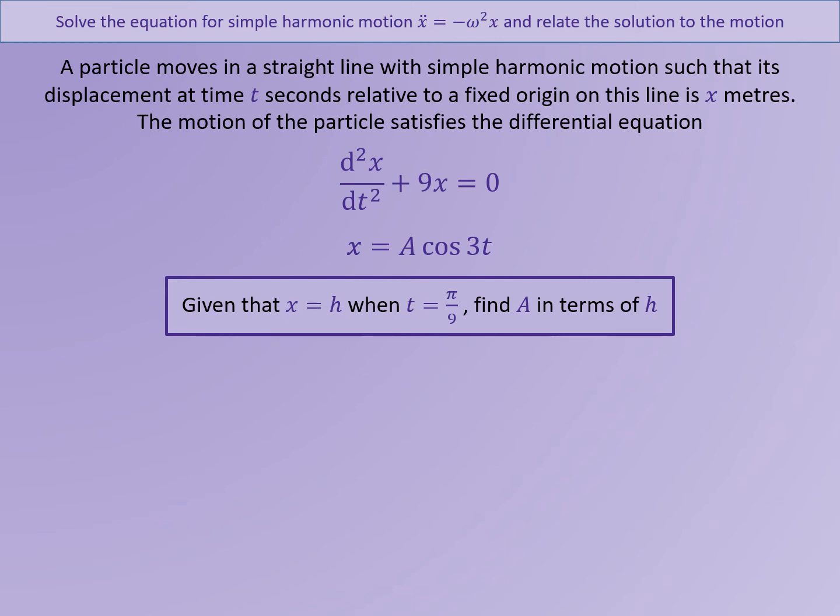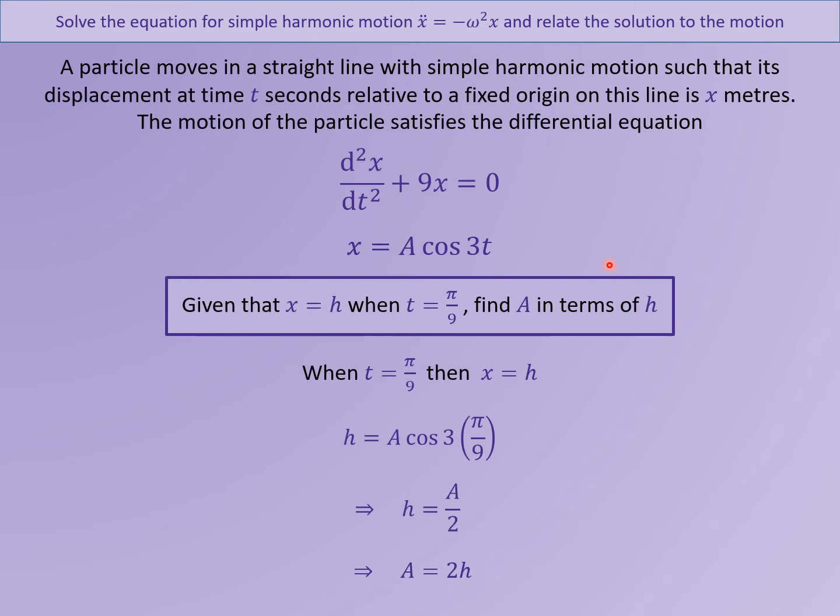Okay, so let's see what you did then. Did you just substitute the parts in, same as before, but this time into the displacement equation? So this one is straight into there. You could substitute t equals pi over 9, and you could substitute in h for x, and what we find is that h equals a over 2, so therefore a equals 2h.